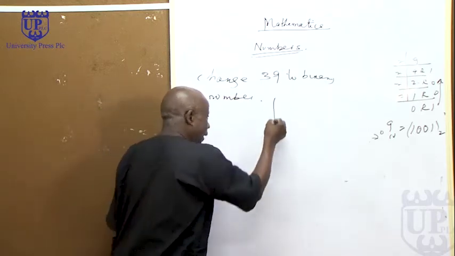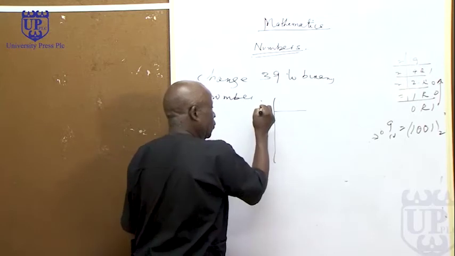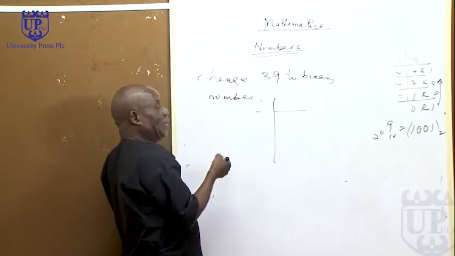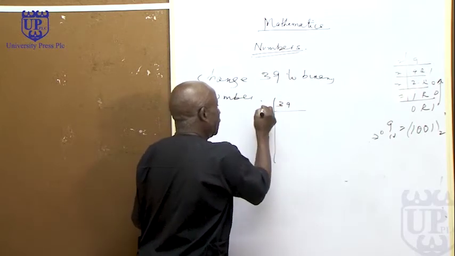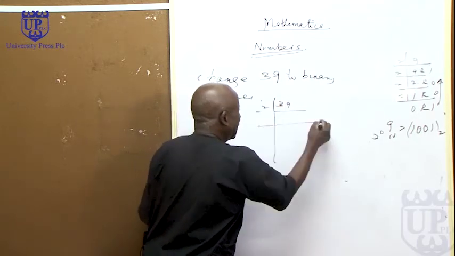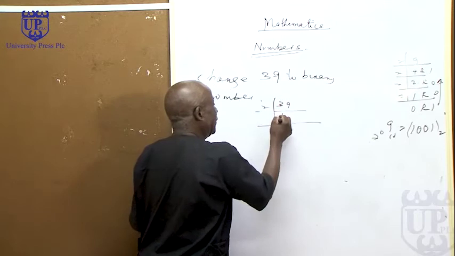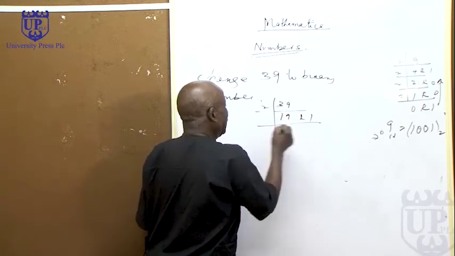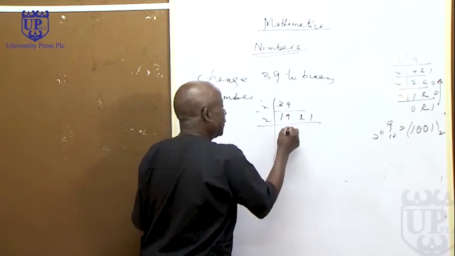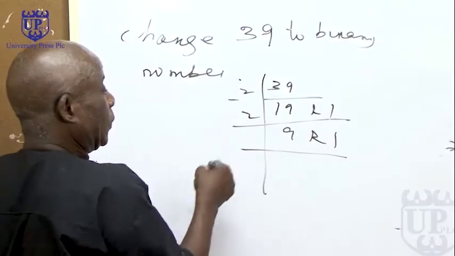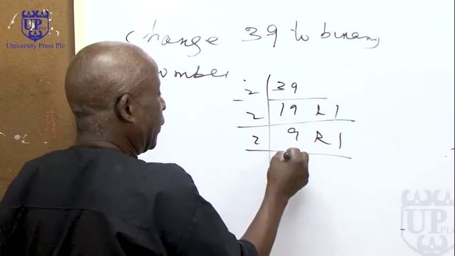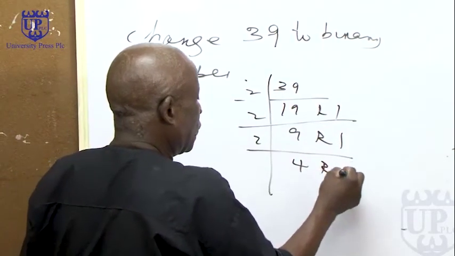So you draw your line. Don't use a calculator because you will get something point and it's not. 39, 2. You only need to write down the remainder. 2 in 39, you say 19 remain 1. 2 in 19, 9 remain what? 1. 2 in 9, 4 remain 1.